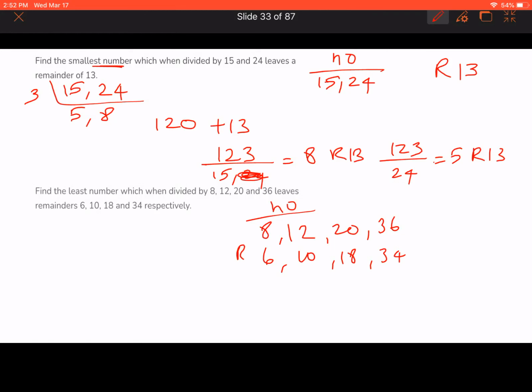In the above problem both the numbers 15 and 24 left a common remainder, that is 13. But here the numbers 8, 12, 20 and 36 are going to divide by the same number, but they are going to get different remainders: 6, 10, 18 and 34. In this case what we have to do is just find out what is the difference between these two.